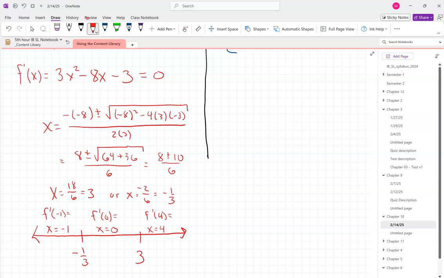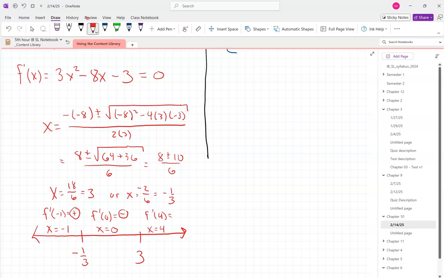If I plug negative 1 in, I'm going to have 3 plus 8 minus 3. That's going to be positive. If I plug 0 in, I have 0 minus 3. That's going to be negative.